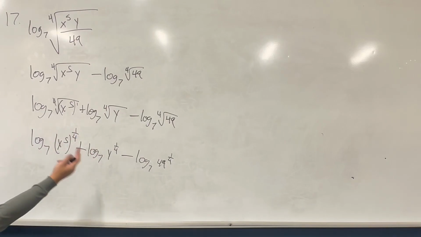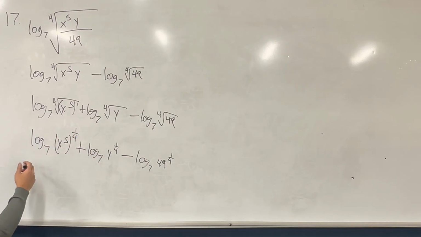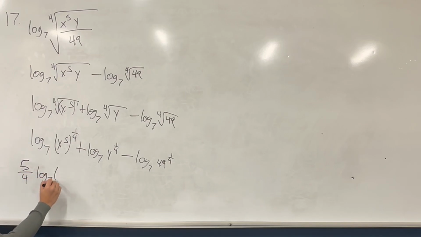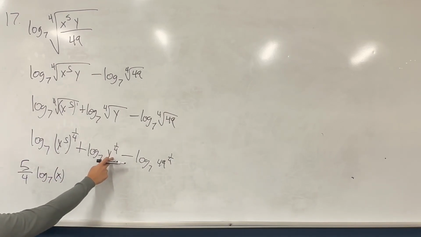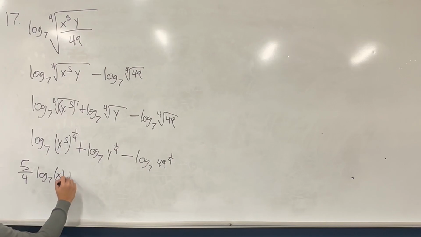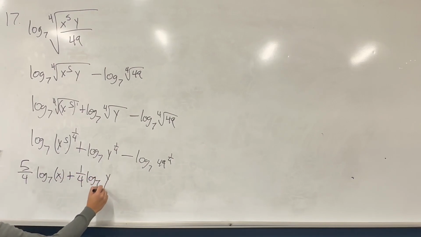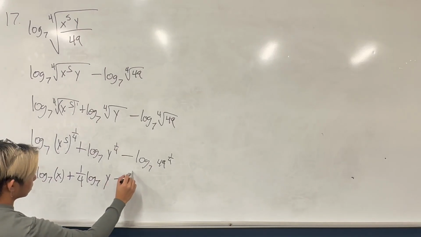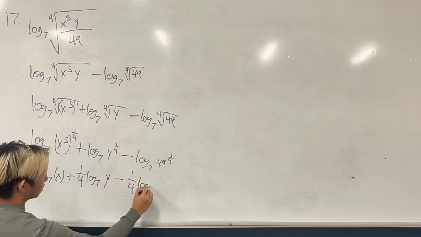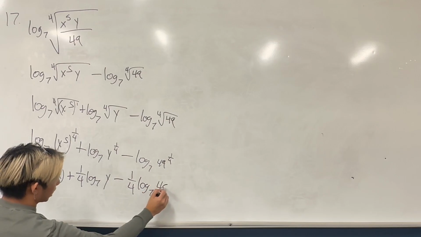This becomes 5 over 4 log base 7 of x. And there is no exponent inside the y, so it's just 1/4. So plus 1/4 log base 7 of y minus 1/4 log base 7 of 49.